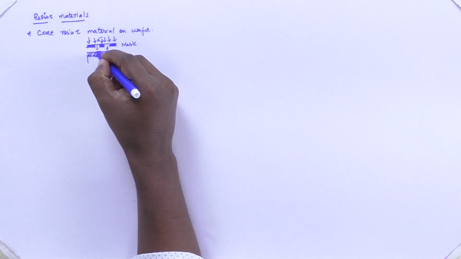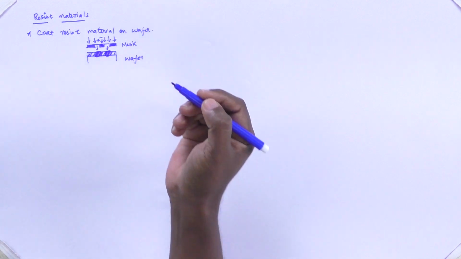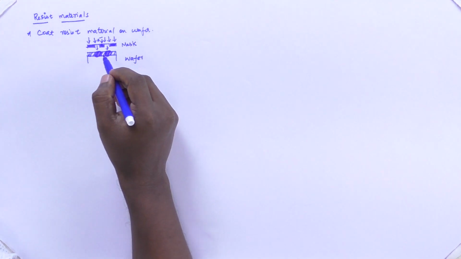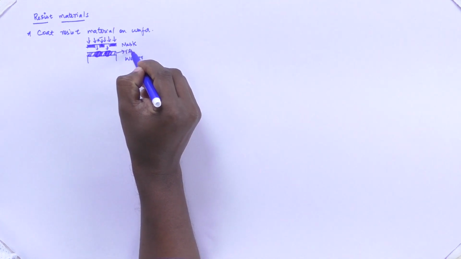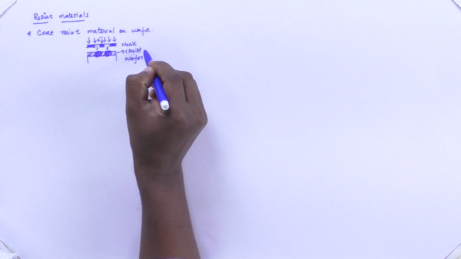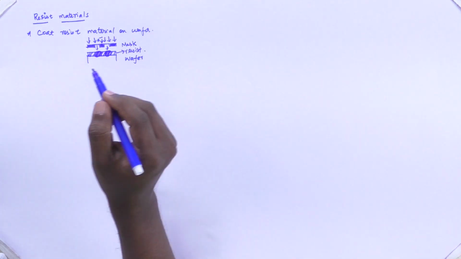This is what we discussed in the previous lecture on electron beam lithography. And now we are going to discuss what materials we can use here and what will happen when we change the resist type.